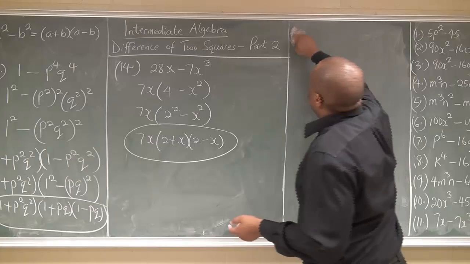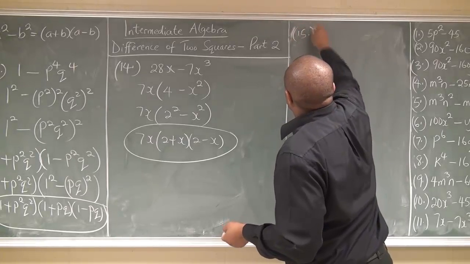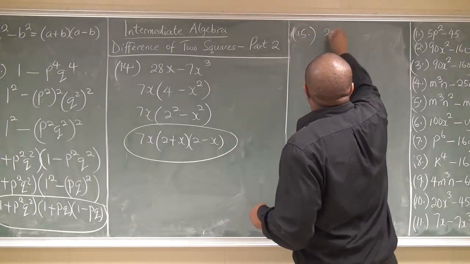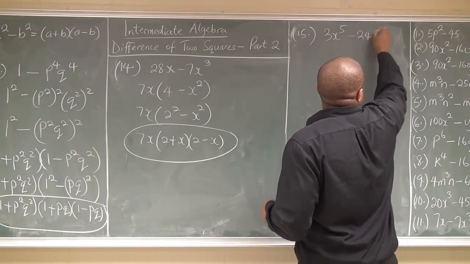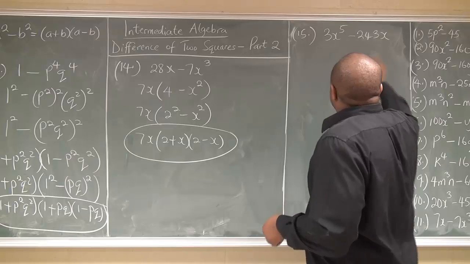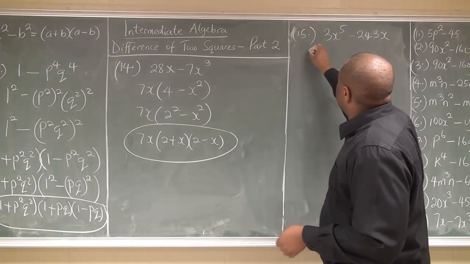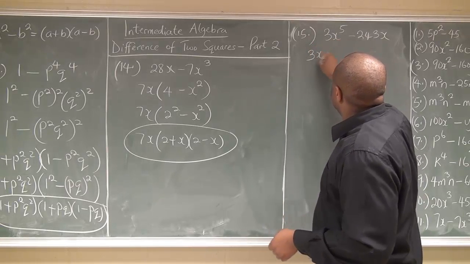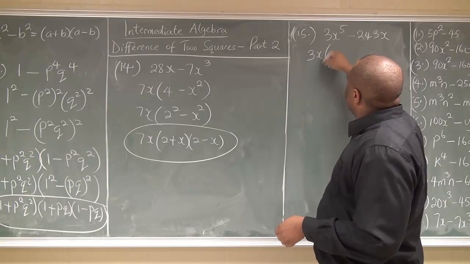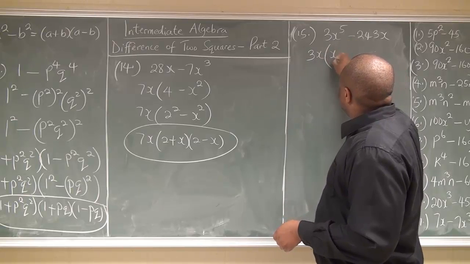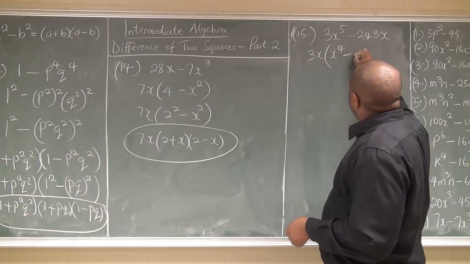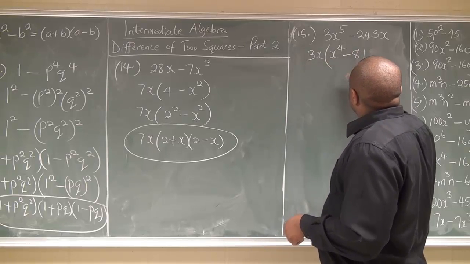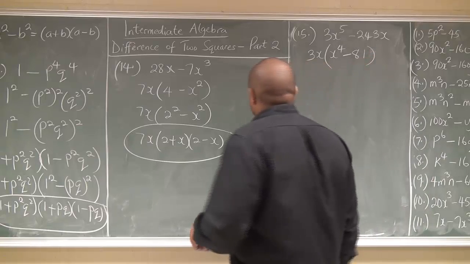Okay, 15. We have 3x raised to the power 5 minus 243x. What is the GCF here? Of course it's 3x. 3x to the 5 divided by 3x is x to the 4, minus 243 divided by 3 is 81. So x to the 4 minus 81.